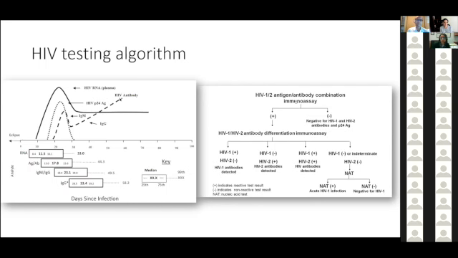So sometimes the P24 antigen is detected but the antibodies are not detected yet, but you still get a positive PCR result because your RNA levels in the plasma are detectable much earlier than even the P24 antigen.